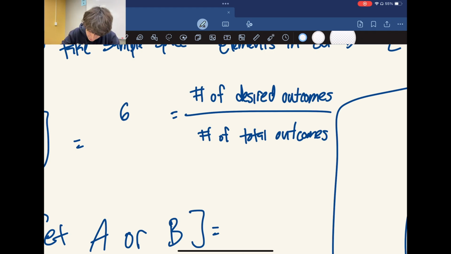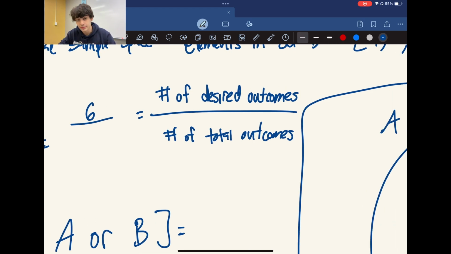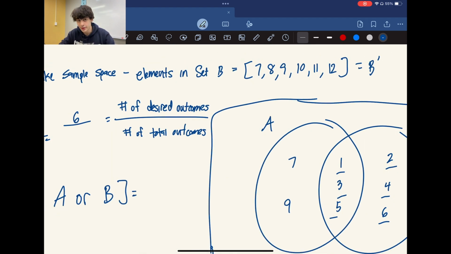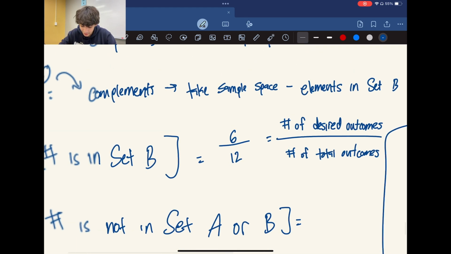In this case, we have 6 desired outcomes. That's the amount of numbers in set B. And we need to calculate the number of total outcomes. And that's just going to be all the elements in the set. 6 of the outcomes are in set B, but we have 12 total outcomes. And those outcomes are going to be all of the integers from 1 to 12. 1, 2, 3, 4, 5, 6, all the way up to 10, 11, 12.